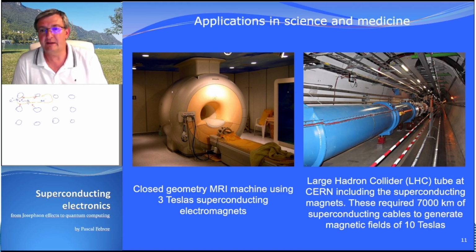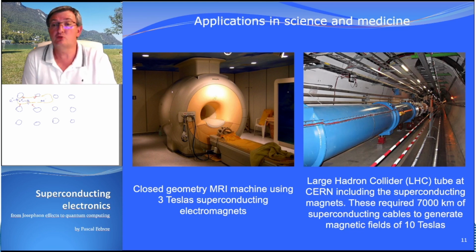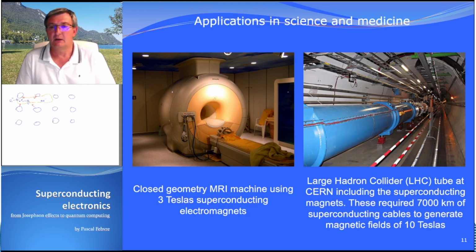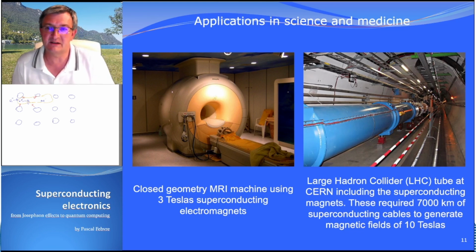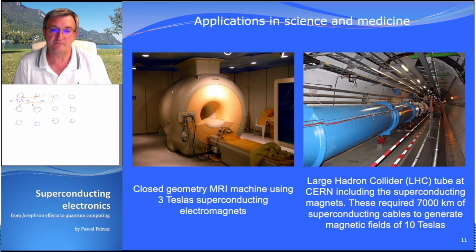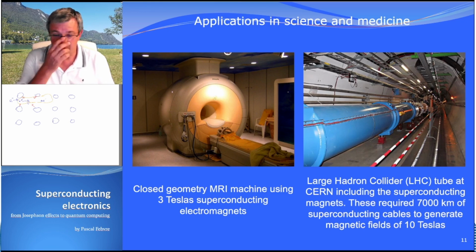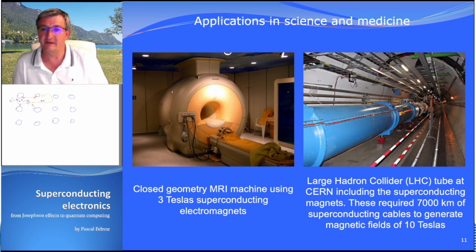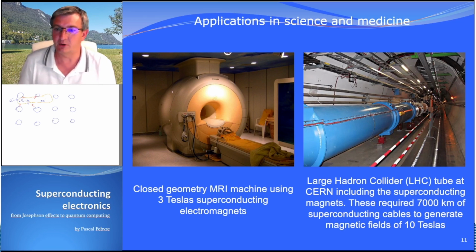When you cool this coil, resistance goes down to zero, so you can produce a high magnetic field without too much energy. Otherwise, it would be quite impossible to have a high magnetic field with a normal wire like copper. That's one of the applications which is very successful for medicine, making MRI coils.